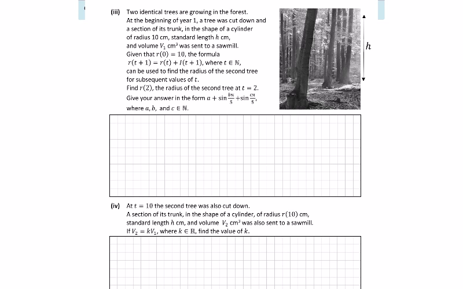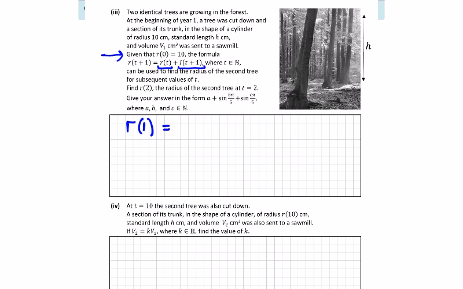Given that R0 is equal to 10, that was given in the initial part of the question, R(t+1) is equal to R(t) plus the increase in the year after. Find R2. Well, R1 we need to find first here. I think this would have tricked a lot of people.